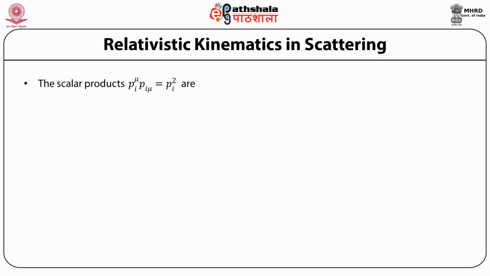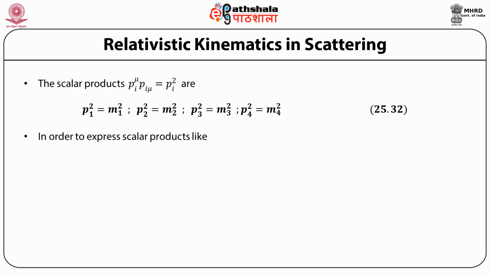The scalar products of the contravariant component p_i^μ with the covariant component p_iμ are equal to p_i² and are given by p1² = m1², p2² = m2², p3² = m3² and p4² = m4².